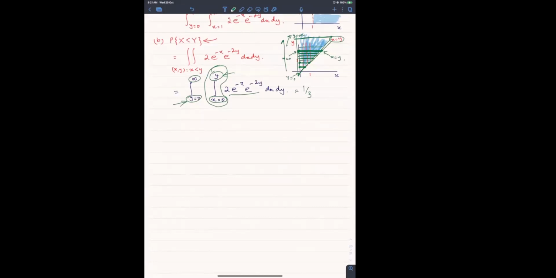Okay, so the probability that x is less than y is 1/3. Any guesses what would be the probability x greater than y? ये क्या होगी? Answers in the chat window. कोई guess कर सकते हैं? कोई गेस नहीं करना चाहता?